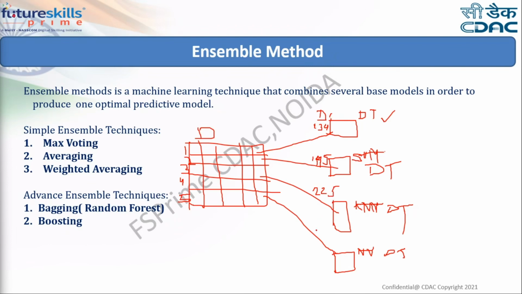There could be some rows which are never selected, and some rows which are selected every time. There could be repetitions in the same model and in different models. Like one is selected in DT, and can be selected in DT2 as well, or in another model as well. So those rows will be sampled, randomly selected from your main data set.